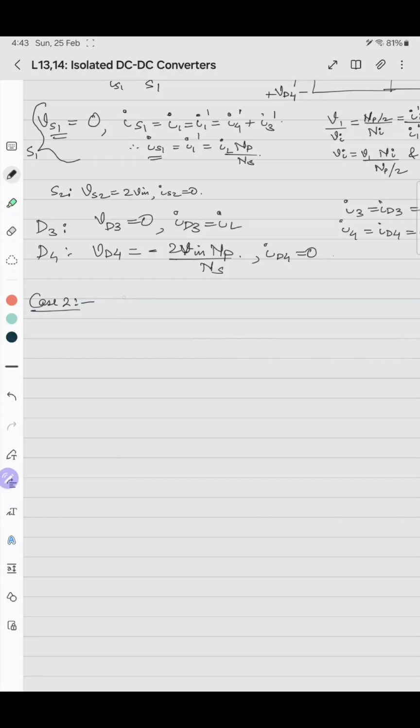Case 2 is when S1 is off, S2 is also off.